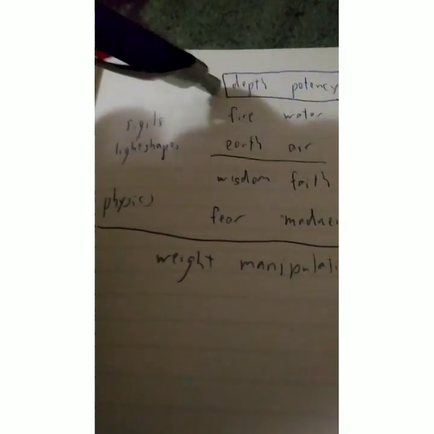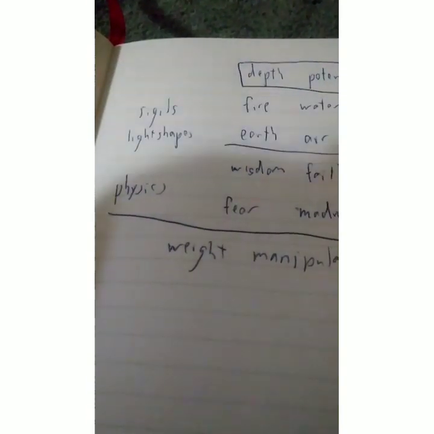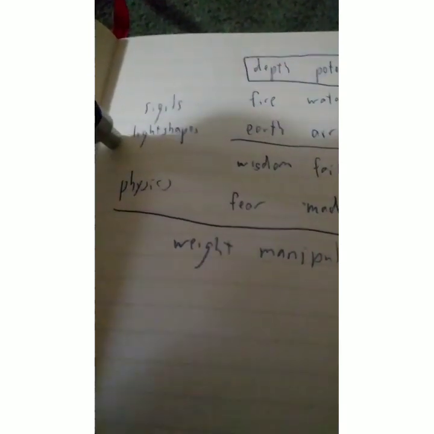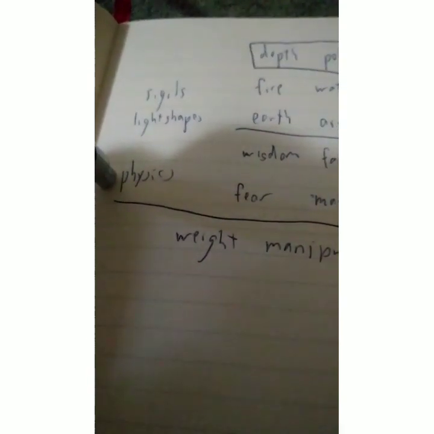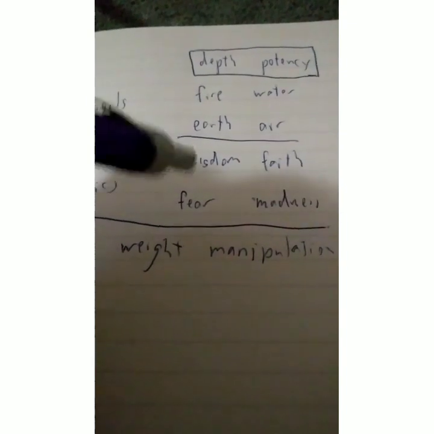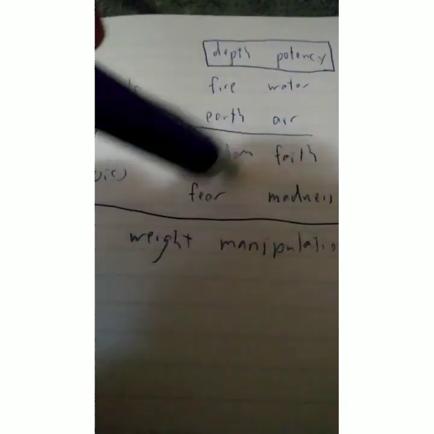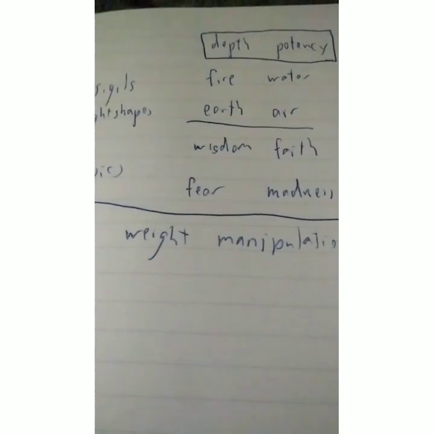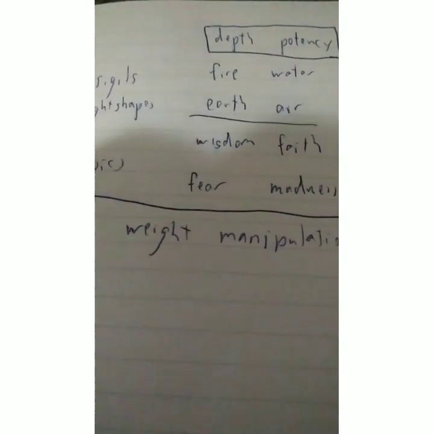So we've got our idea from the dice, sigils, which we did before, light shapes, which was the original source of all of this idea, physics based off of weight, physics based off of water for the most part, weight manipulation, the 4 cardinals of the mind, or they don't actually have to be these. It's very subjective what you base your source information on. These ones are just the ones I chose at the beginning, because there's actually lots of stuff outside this.